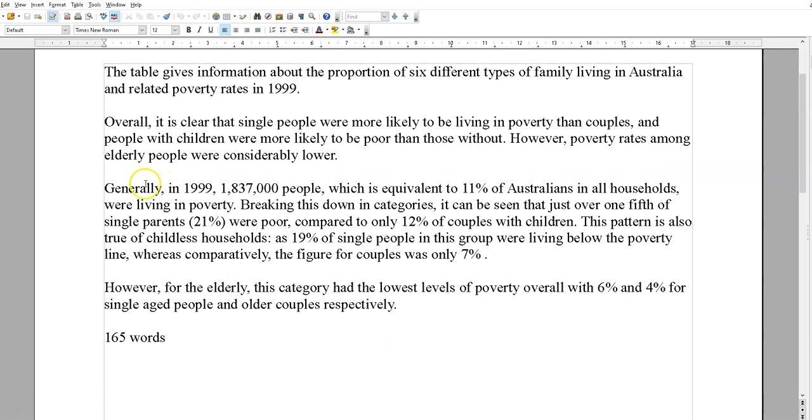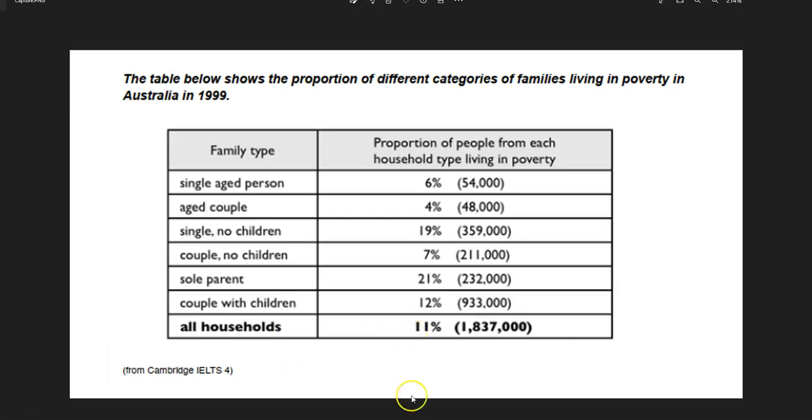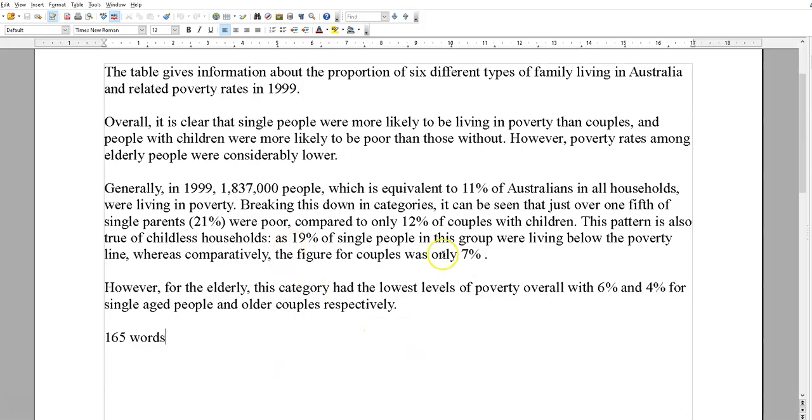Now, starting with the most obvious feature: in 1999, 11% were living in poverty. That's all households. Breaking this down, just over 1/5 of single parents were poor, compared to only 12% of couples with children.